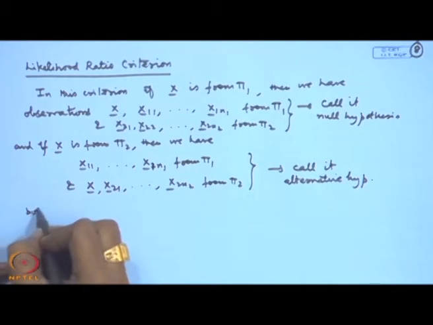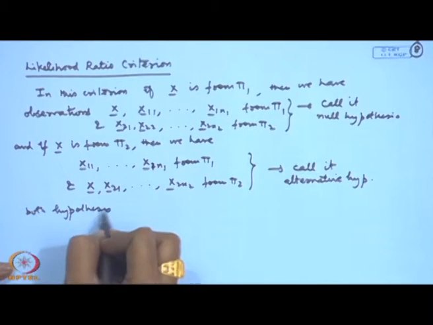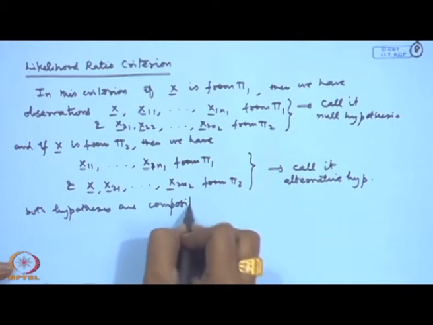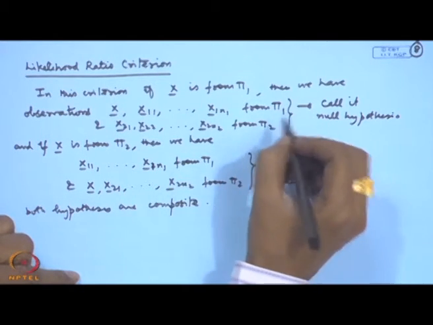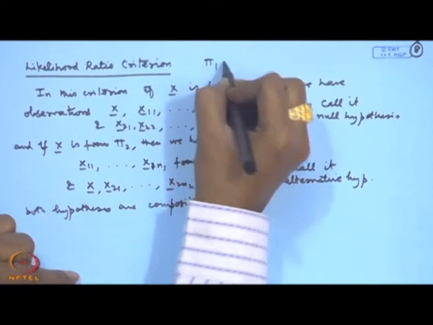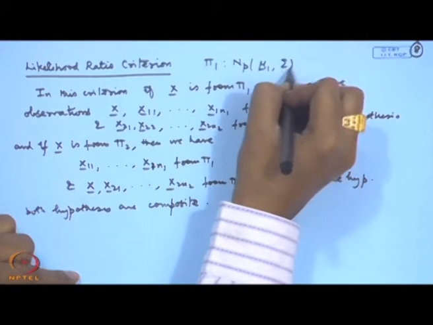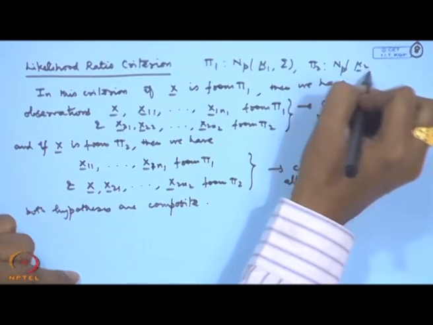So, you can note that both these hypotheses are composite. See, this pi 1 and pi 2 we have already written here. Pi 1 is N p (mu 1, sigma) and pi 2 is N p (mu 2, sigma).